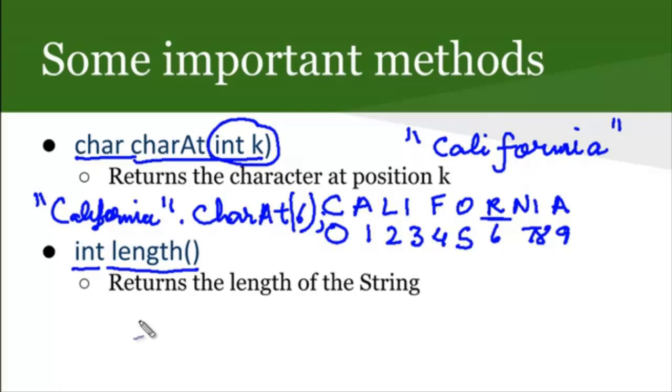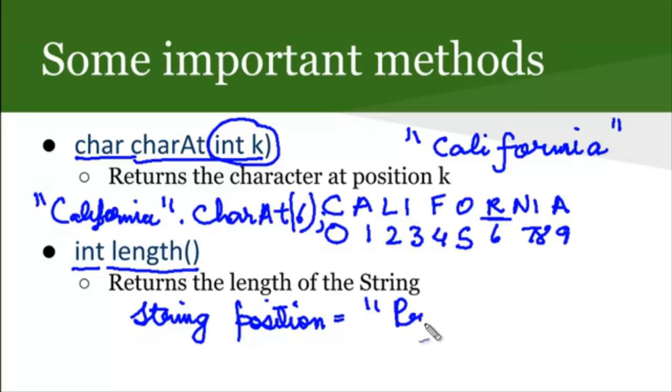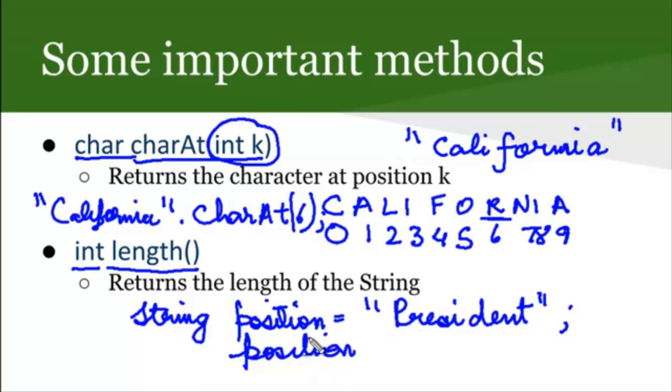So if I have a string position is equal to president, and if I do position dot length, I give int L is equal to position dot length.